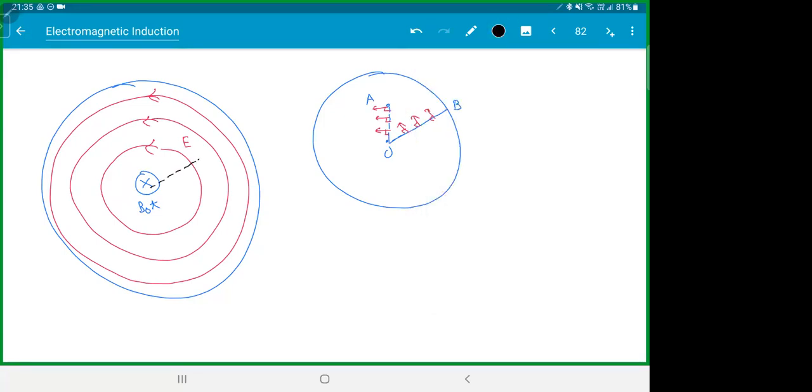From here, if you look at the rod here, B, and if you look at the rod here, A, isn't this field always perpendicular? If the field is perpendicular to the length, what will happen? The field E bar is perpendicular to dl. What is the potential difference? E bar dot dl is the potential difference.